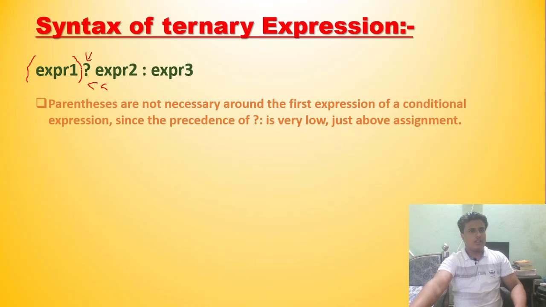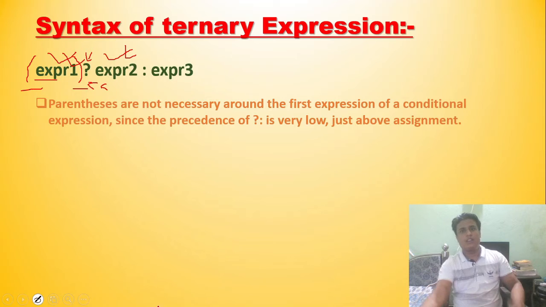So even if you don't put the parentheses here, it will execute this one first, then go to this one. I hope you got what I'm trying to say here. Its precedence is higher than this one. There are two things, precedence and associativity. Let me tell you, in your mathematics class you might have heard about BODMAS.